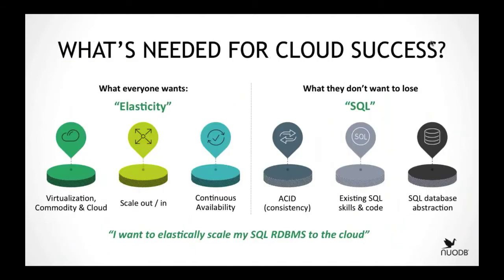So what are our customers asking for? Our customers are asking for a database that is native for clouds. Everybody wants an elastic database that allows them to run the database in a virtual environment on commodity or cloud architectures. They want to meet the architectures being used today, which allow for elastic scale out and scale in, as well as the ability to have something continuously available.